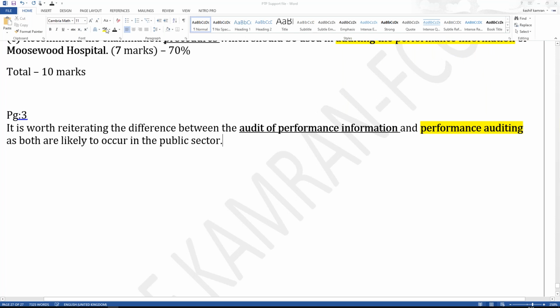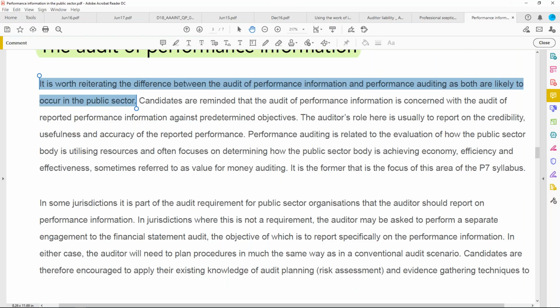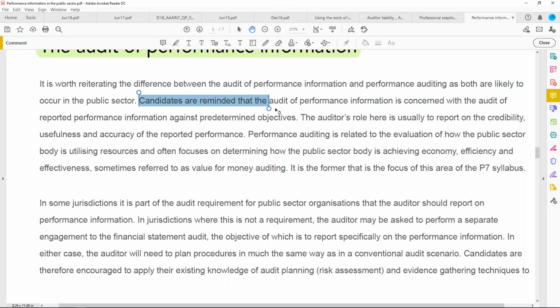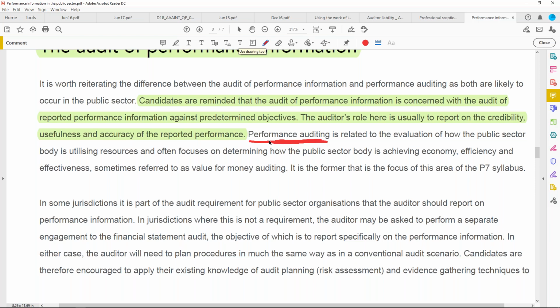Then you read the next paragraph. In the next paragraph, the examiner says, candidates are reminded that audit of performance information is concerned with the audit of the reported performance against the predetermined objective. The auditor's role is to report on the credibility, usefulness, and accuracy. So we got this definition right of the audit of performance information. Then can you see the examiner is telling us about performance auditing in the last 3 lines?